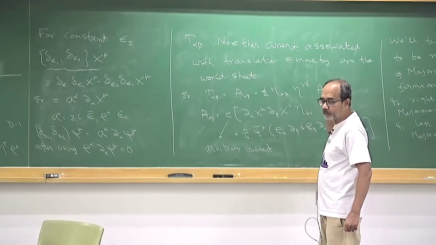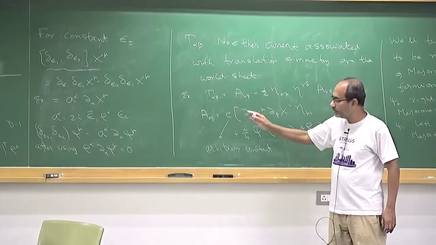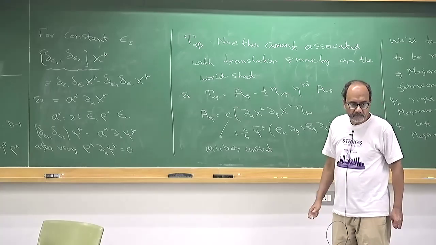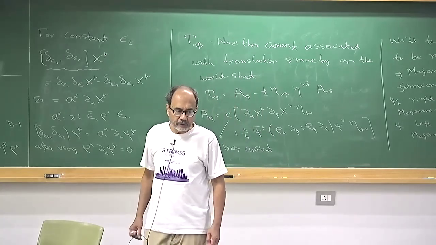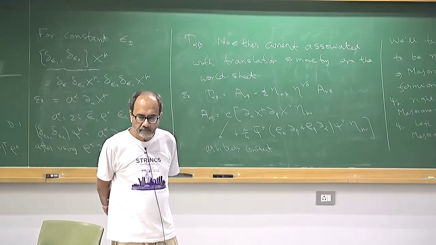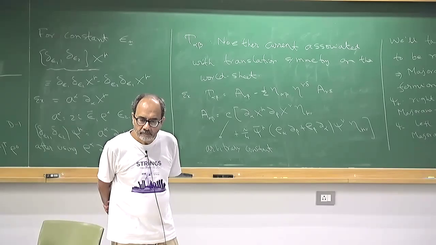This is what we had in the bosonic string theory. The effect of the extra fermions is to add this extra piece. Every field will contribute to the energy momentum tensor, so it's not surprising that the fermions also contribute.